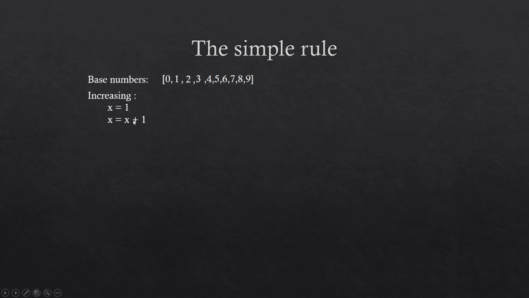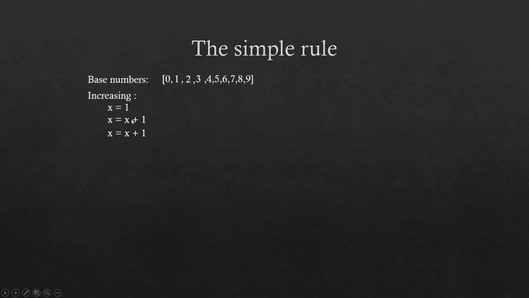What we did here, we added just one step. Previously x was here, and we add one step, so we go to the next element. Now x is equal to 2 in this index. If we add another 1, we'll go to the next element.